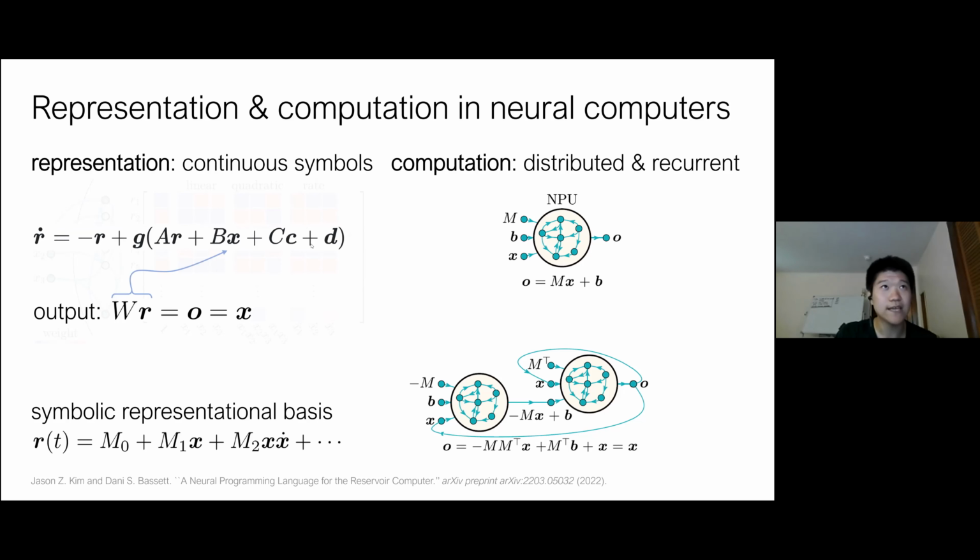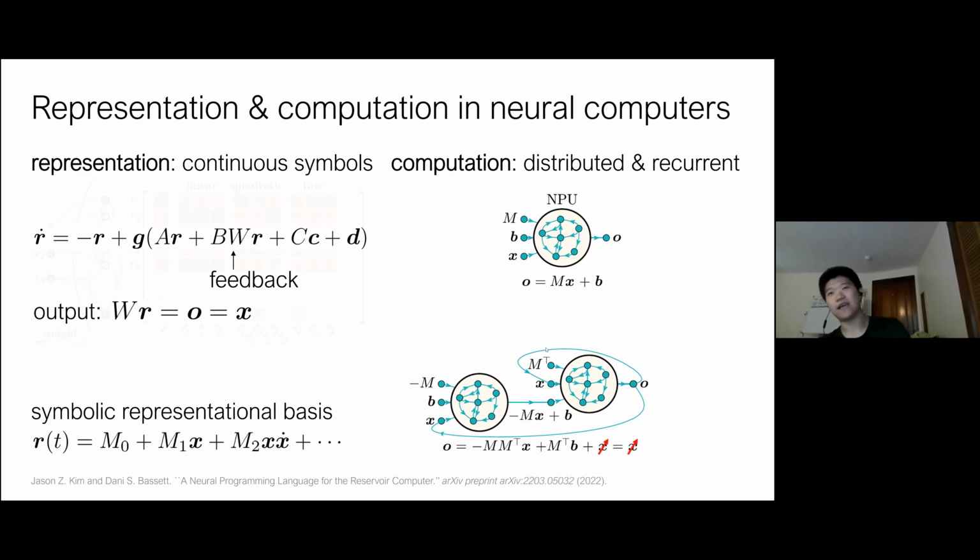That's how we take the inputs X and replace them with a linear combination of neural states. And that means our new connectivity matrix looks like A plus BW times R. If that makes sense.